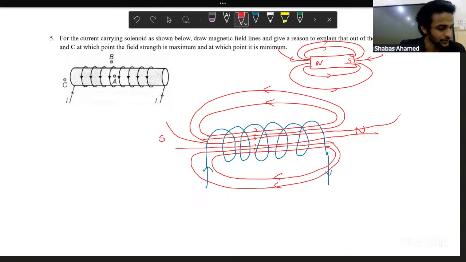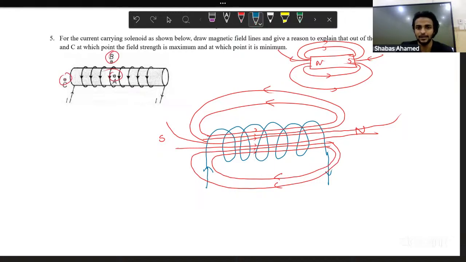Now the question is, we have three points A, B, C. At which point is the magnetic field strength maximum? What do you think, guys? At B, we can say.